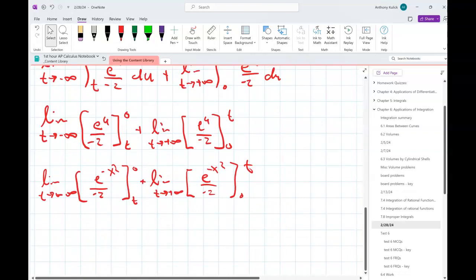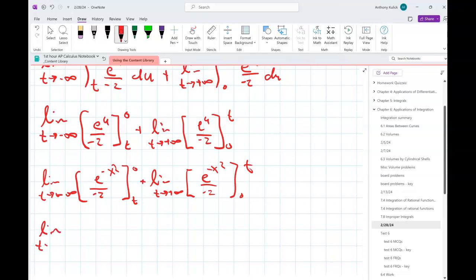And I'll finish doing my definite integral. When I plug 0 in, I just get negative 1/2. And when I plug t in, I get that.